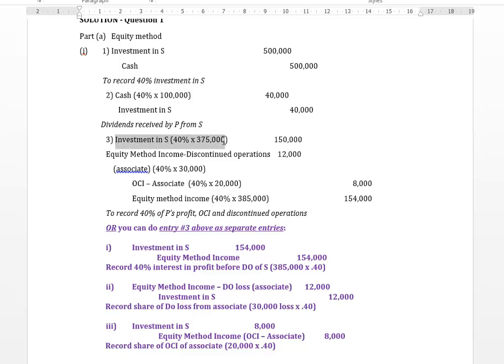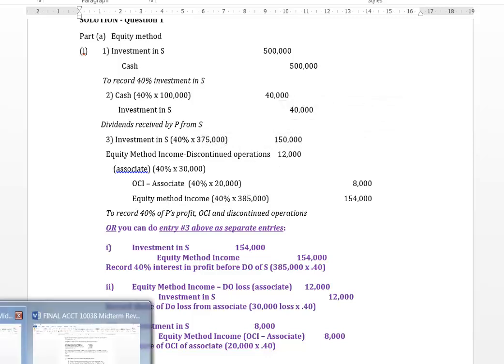So the investment in S account is going to be adjusted for what? P's share of the discontinued operation, their share of the unrealized gain in OCI, and their share of any pre-DO and pre-OCI profit, right? Which is 154. So if you net it all out, it comes to 150,000. If you wanted to, you could plug that figure, or you could calculate it, because you know that the comprehensive income is 375, right?